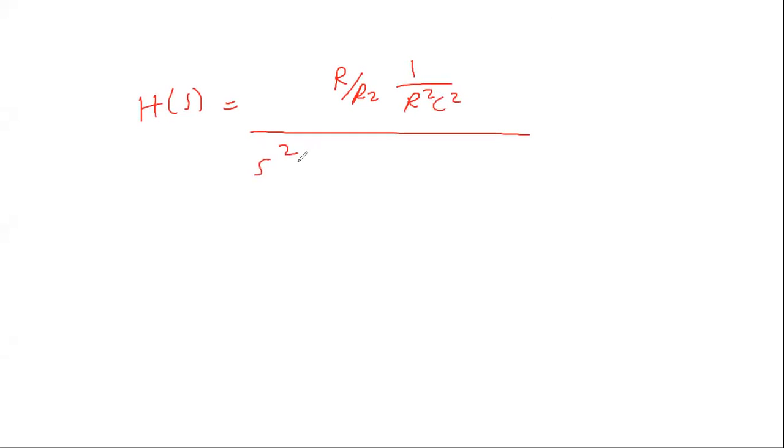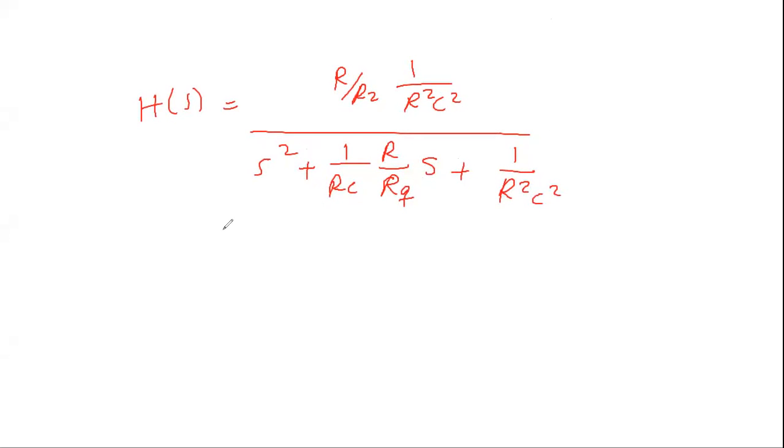Okay, so if you do this, you will find H of S equals R over R2 times 1 over R square C square, divided by S square plus 1 over RC times R over RQ times S plus 1 over R square C square.